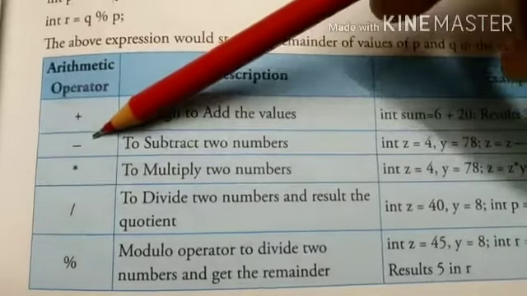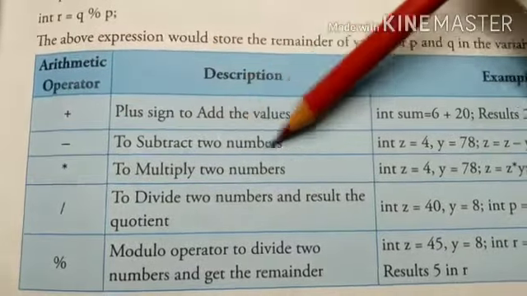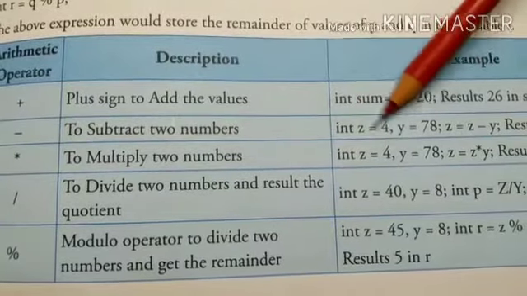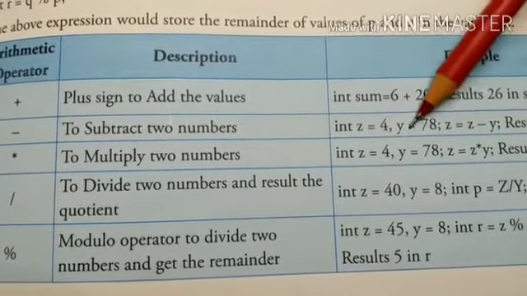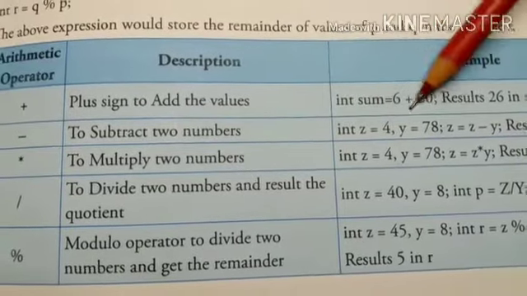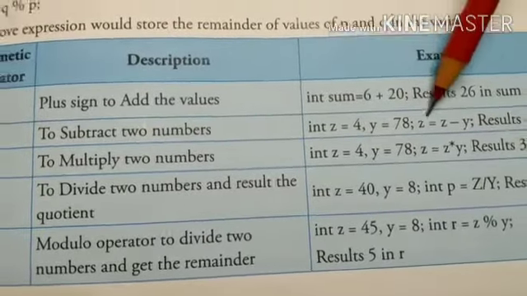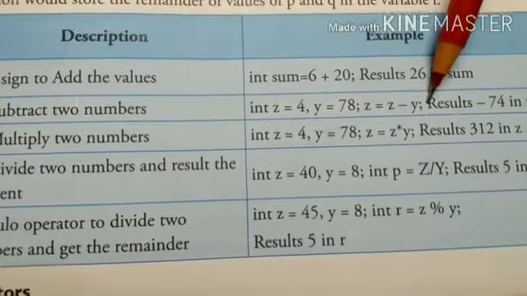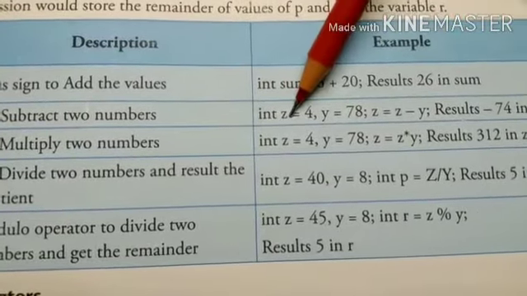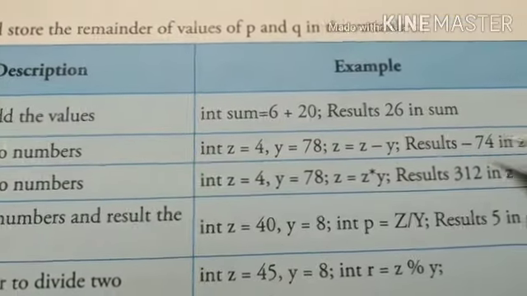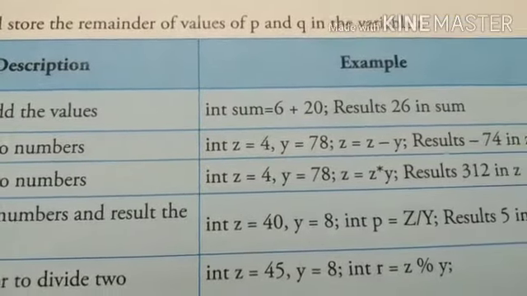Now you can see subtraction. To subtract two numbers, you can see in the example int z is equal to 4 and y is equal to 78. Both are given here, and then z is equal to z minus y. Now the value of z is 4 minus 78, that is minus 74.